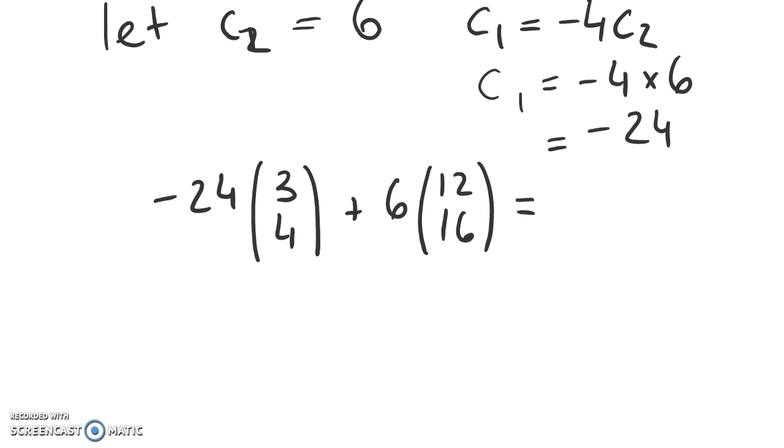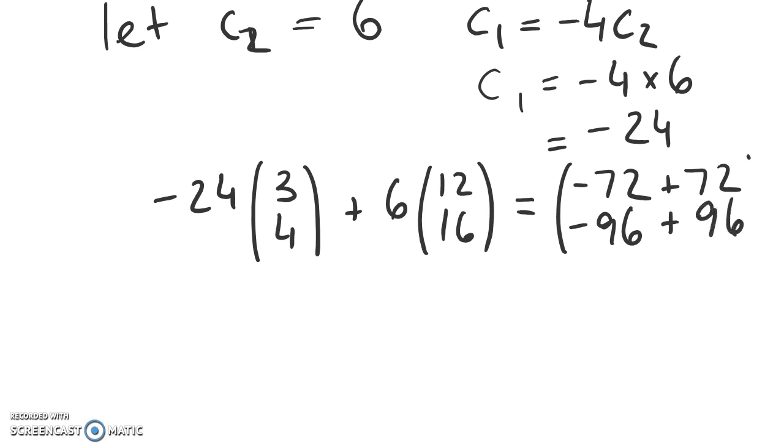Okay, negative 24 times 3, we get negative 72, plus 6 times 12 is 72. Negative 24 times 4, we get negative 96, plus 6 times 16, we get 96. And when we add those up, we get (0, 0).